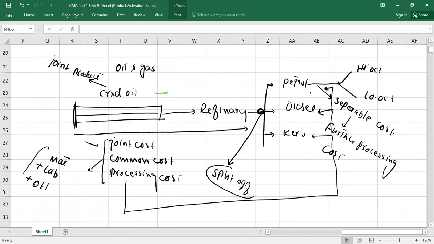You would say the purpose is to get the value of inventory for financial reporting purposes. A second purpose could be to set the sale price also, but the primary purpose is to get the cost of inventory. Because if you know the cost of inventory, you can also calculate the price of the product by adding some profit into that. Understood?